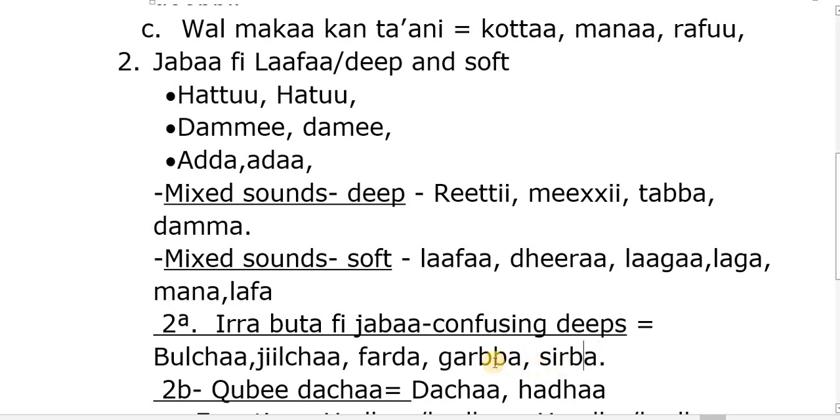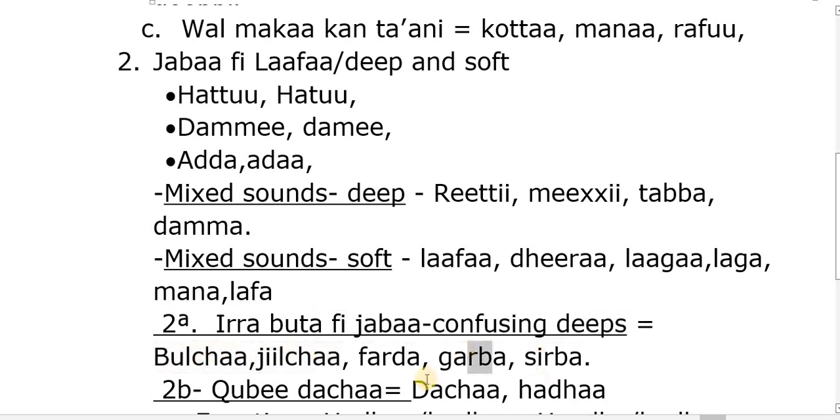Many people confuse that because they hear the sound, they make it strong by adding another consonant. But the rule has that exception, not to write double where there is irrabuta, where there is silent. Okay? That is one thing.